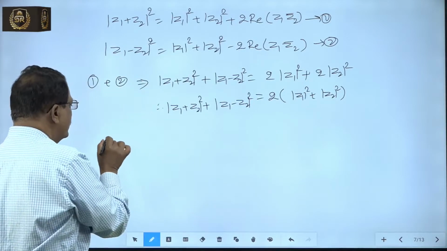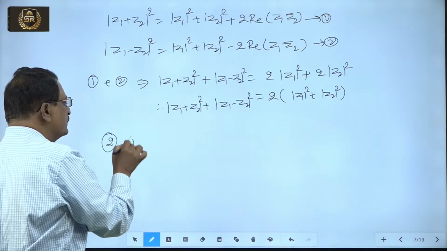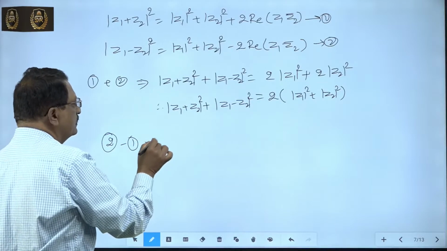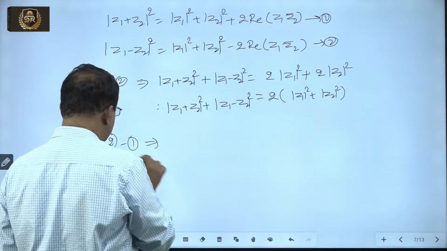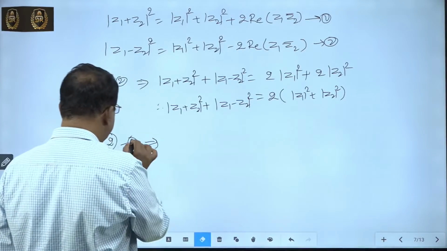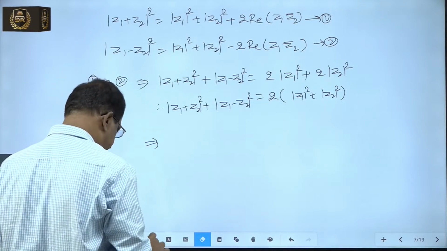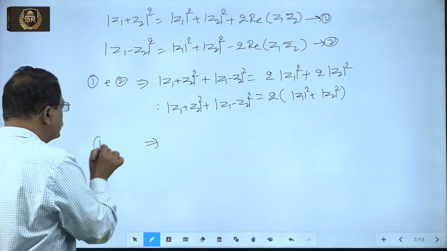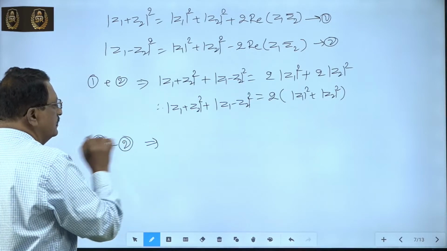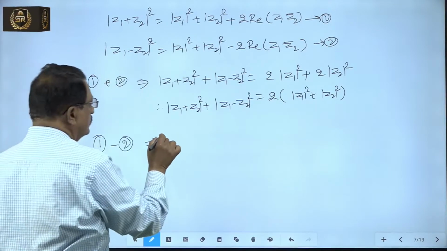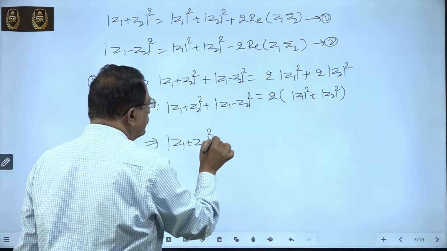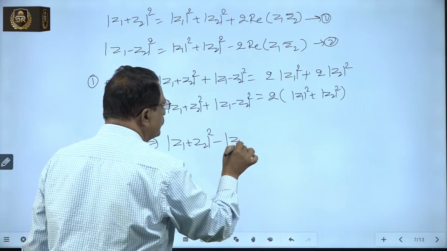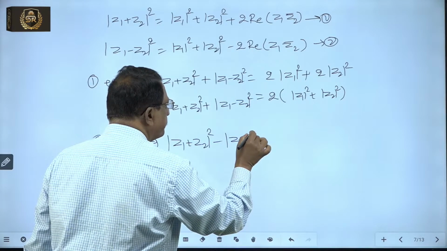Similarly, from the first equation subtract the second, we get 1 minus 2 equals mod of Z1 plus Z2 whole square minus mod of Z1 minus Z2 whole square.